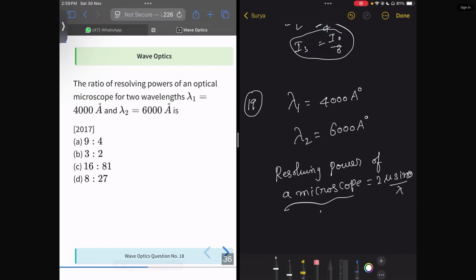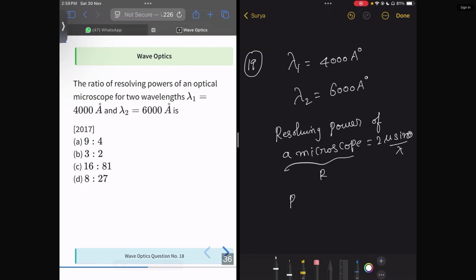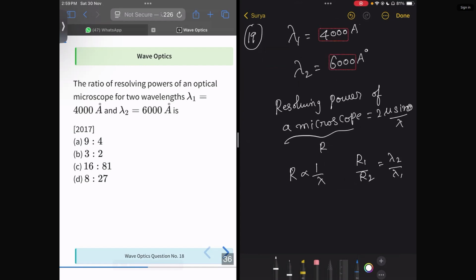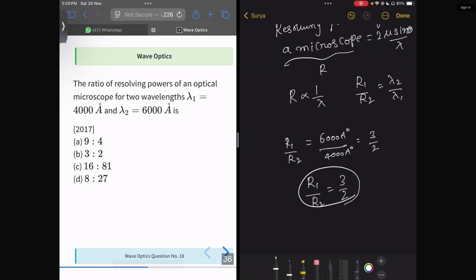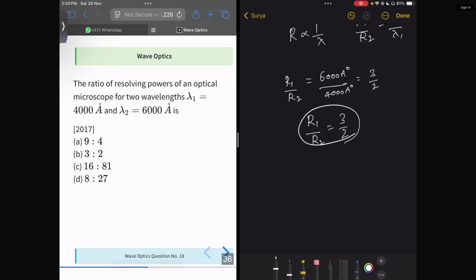If we take it as R, R is inversely proportional to lambda. So R1 by R2 is equal to lambda 2 by lambda 1, which is 6000 angstroms divided by 4000 angstroms, equal to 3 by 2. So option B is the right answer.